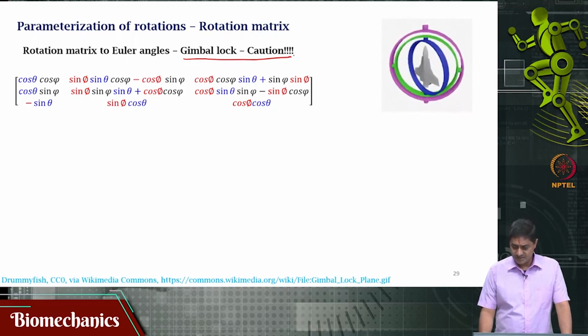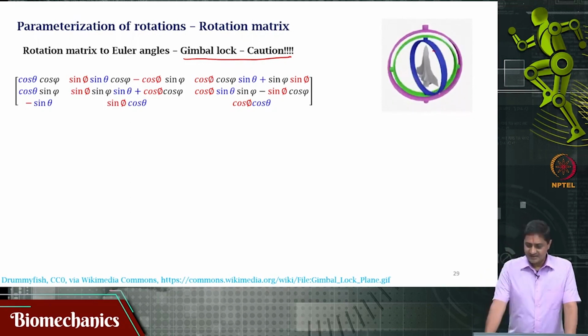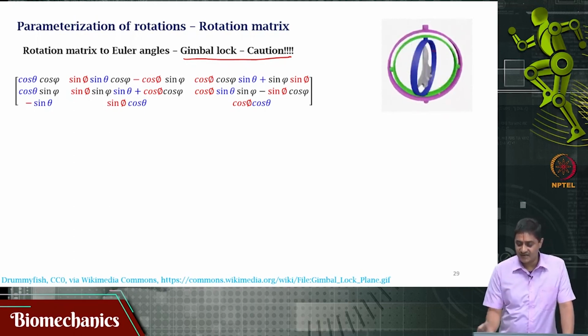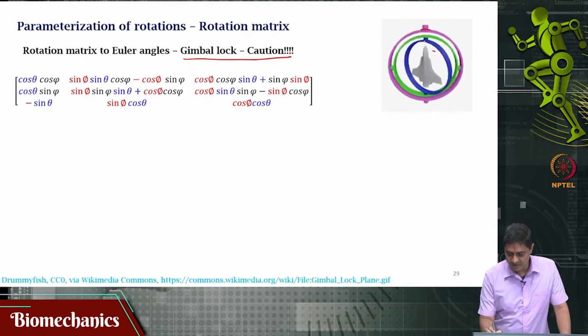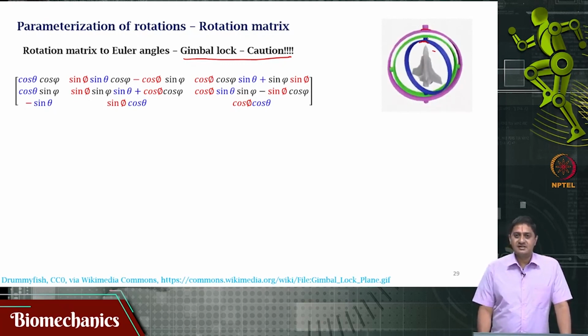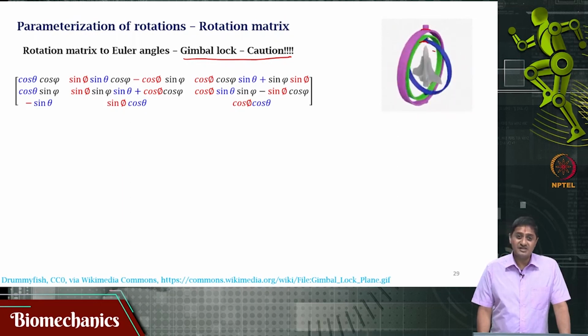For example, what happens here is that initially this blue frame is at a different angle, then it goes and locks itself to, or aligns itself in line with, the magenta frame. In this case, the measurement will no longer have the same number of degrees of freedom as expected.